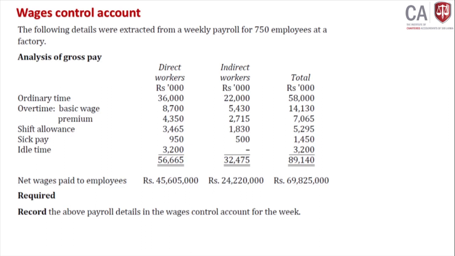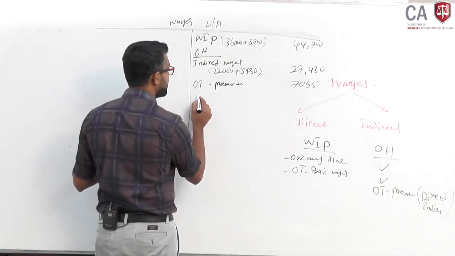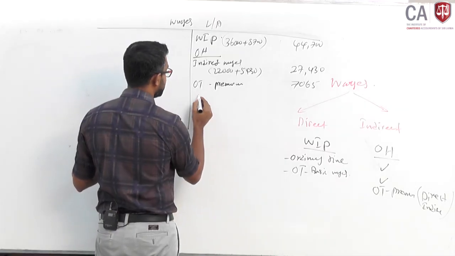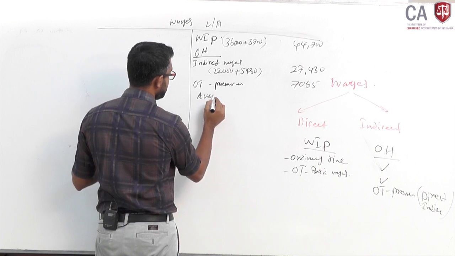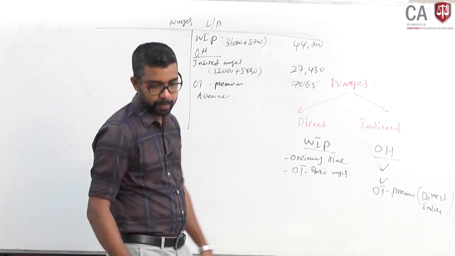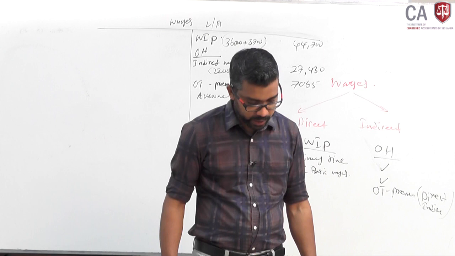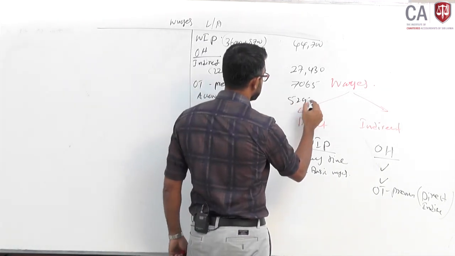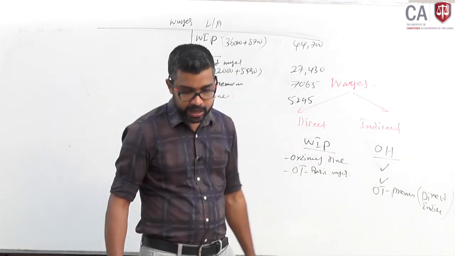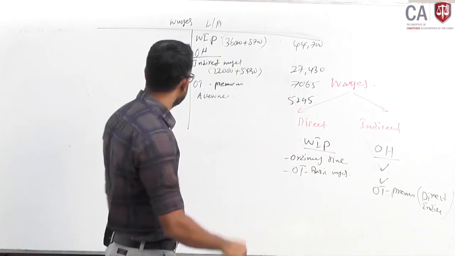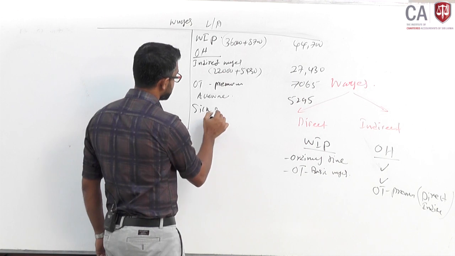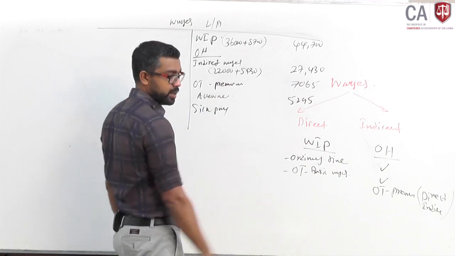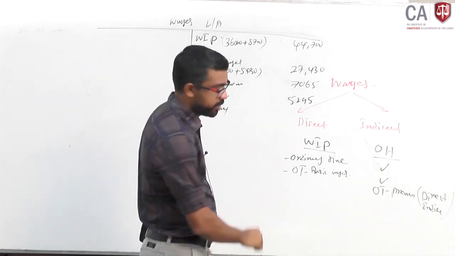Then shift allowance. Shift allowance is anyway overhead; all allowances are indirect. How much? 5,295. Thereafter you have sick pay, 1,450.